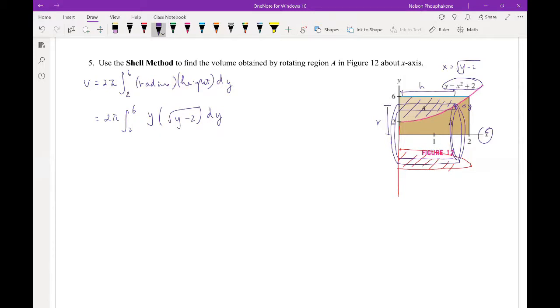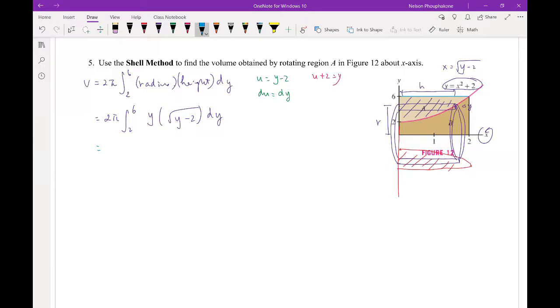Okay, so now what we could do here is work with the substitution to solve the integration. So we would like to let u equal to y minus 2, and then du is equal to dy. And of course, I will have u plus 2 is equal to y as well.